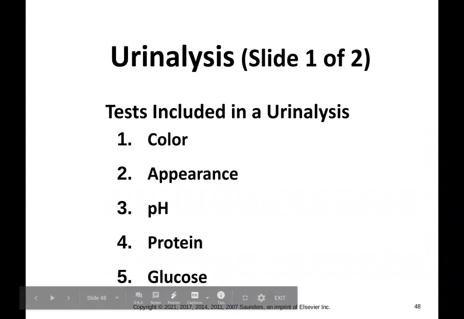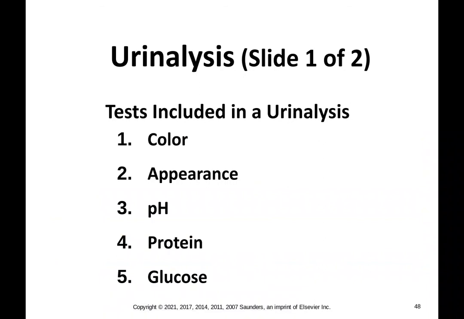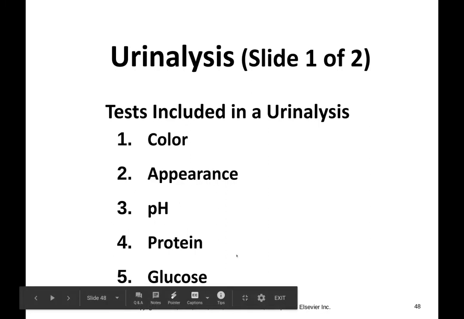So urinalysis, we'll look a lot more at this in MA125, where we actually will run a urinalysis in probably a month or two. So the tests that are included in a urinalysis are the color of the urine, the appearance, so that has more to do with the clarity level, and then the pH level, the number of protein molecules in the urine, and then the number of glucose molecules.